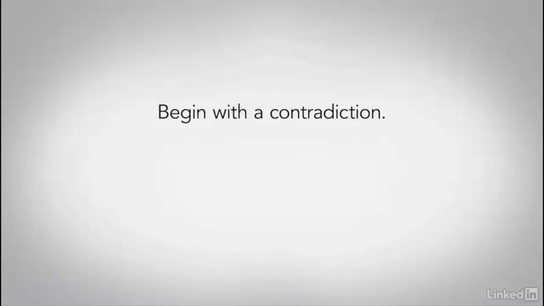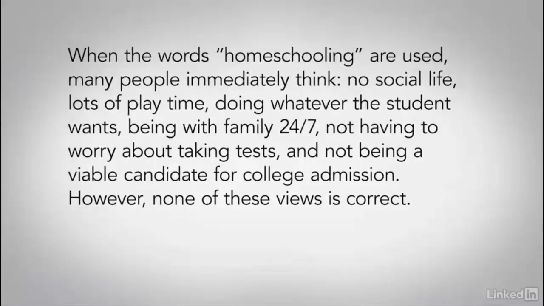Or you might consider beginning with a contradiction, such as, when the words homeschooling are used, many people immediately think no social life, lots of playtime, doing whatever the student wants, being with family 24/7, not having to worry about taking tests, and not being a viable candidate for college admission. However, none of these views is correct.